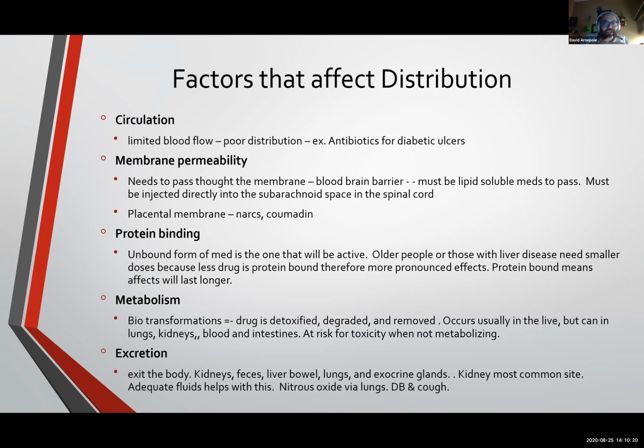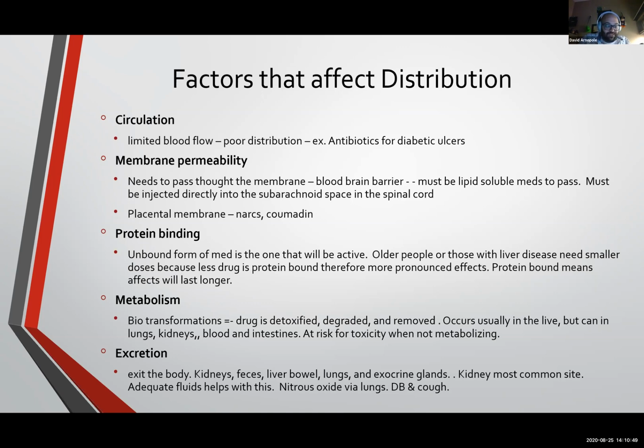Membrane permeability. A lot of drugs don't cross the blood-brain barrier; it needs to be specific drugs to be able to cross that. Protein binding. Again, we need that bus. We need the protein there to actually distribute these meds. So we need good nutrition. We need to make sure they have a good amount of protein to help with repair, or just in general for those medications to work appropriately.